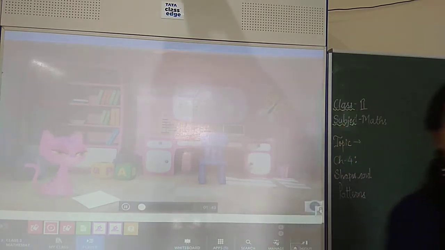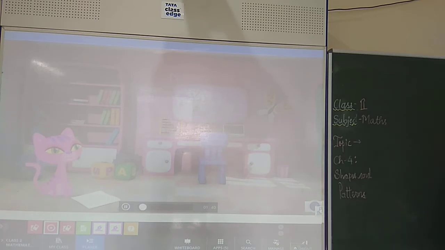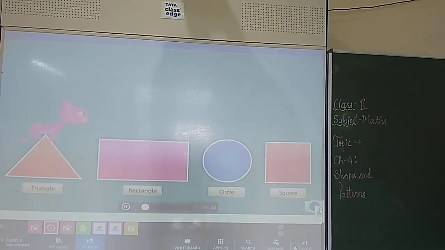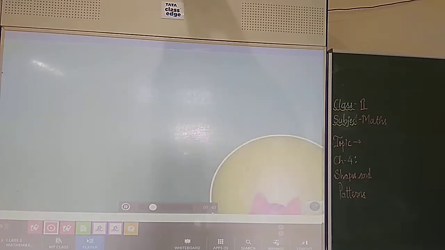Cathy has written a lovely rhyme on plane figures. Let's listen to it. Triangle, rectangle, circle and square. You will find these shapes everywhere. Listen to this rhyme that I want to share, that should make you a little more aware.